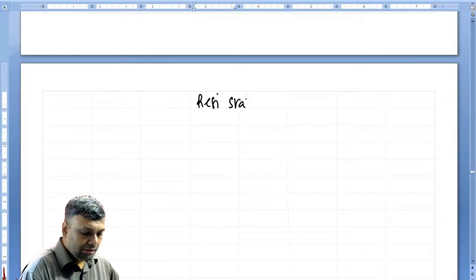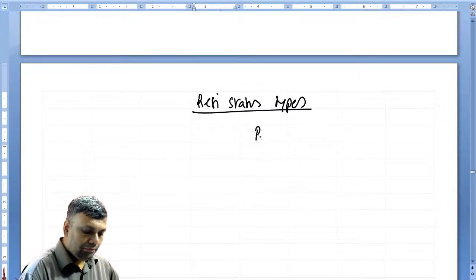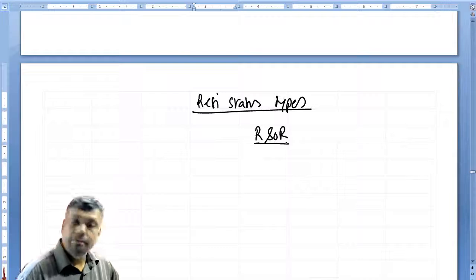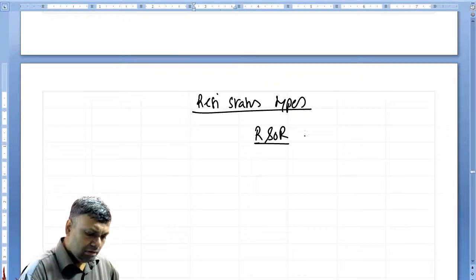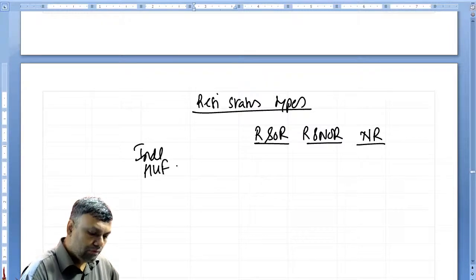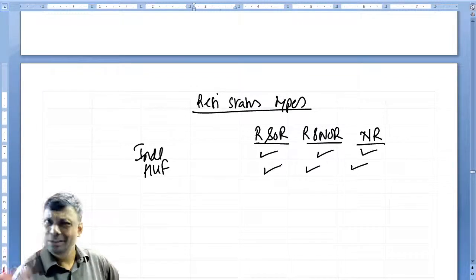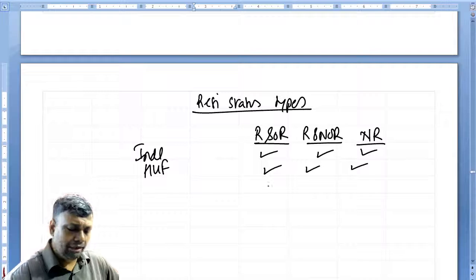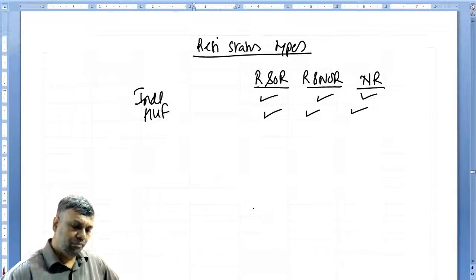So residential status types now. You have resident and ordinarily resident, resident and not ordinarily resident, or you have non-resident. If you say individual, if you say HUF, you can have these three, depending upon the conditions that we have already studied.